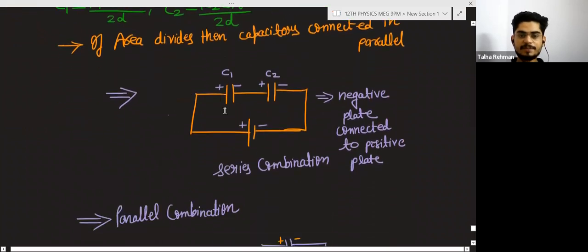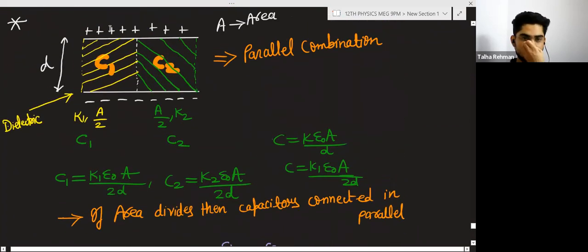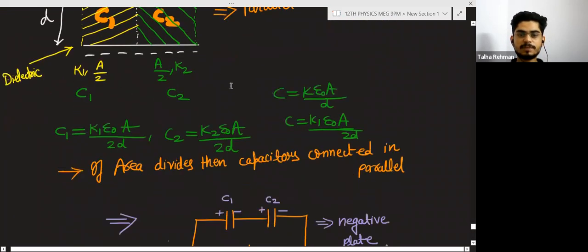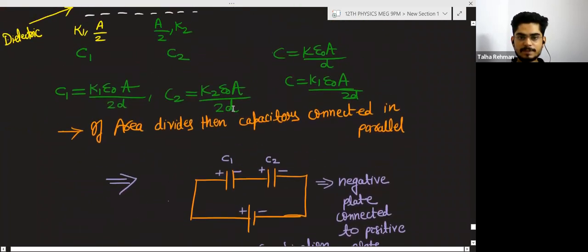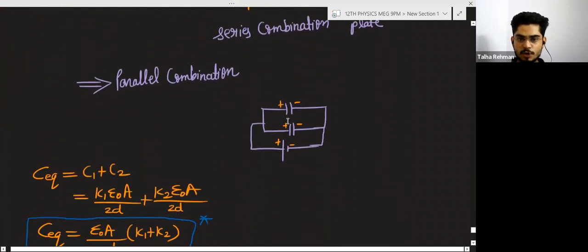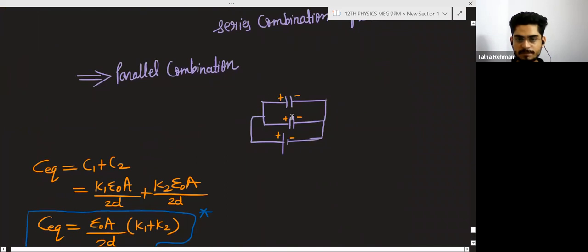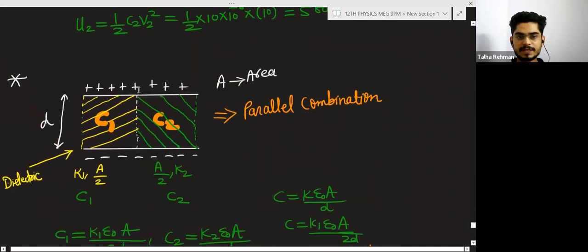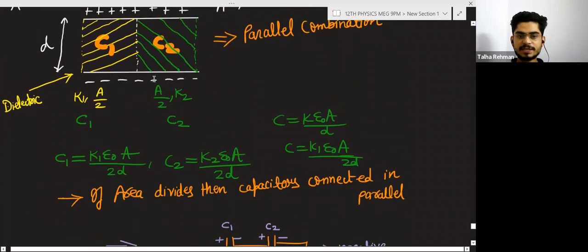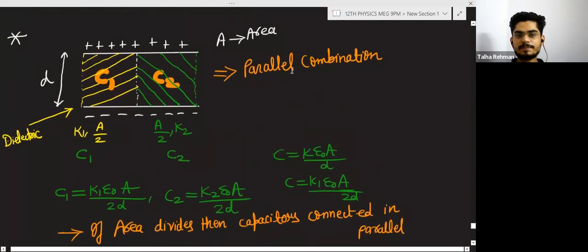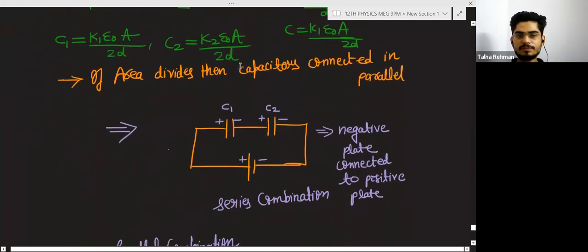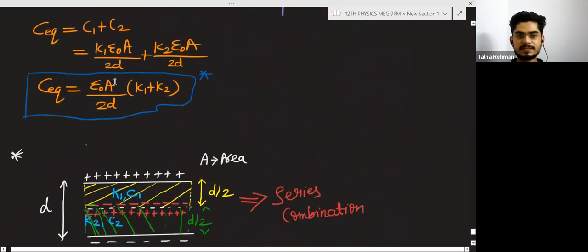As this is a parallel combination, because the positive plate is connected to the positive plate and the negative plate is connected to the negative plate, for the parallel combination we have calculated the equivalent capacitance, which comes out to be epsilon naught A divided by 2D times K1 plus K2.